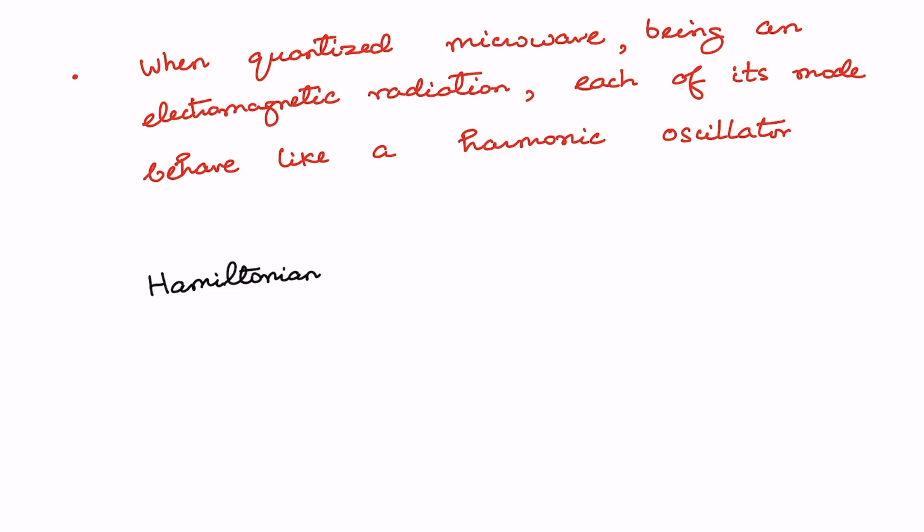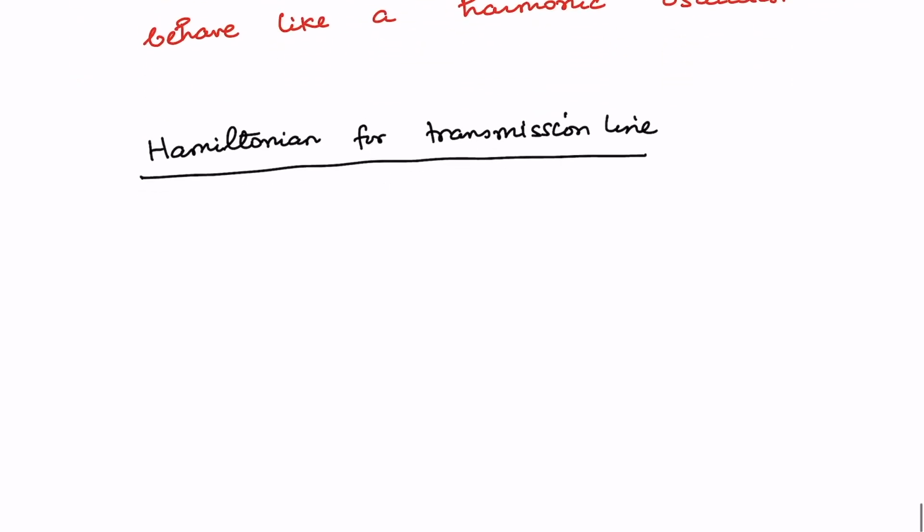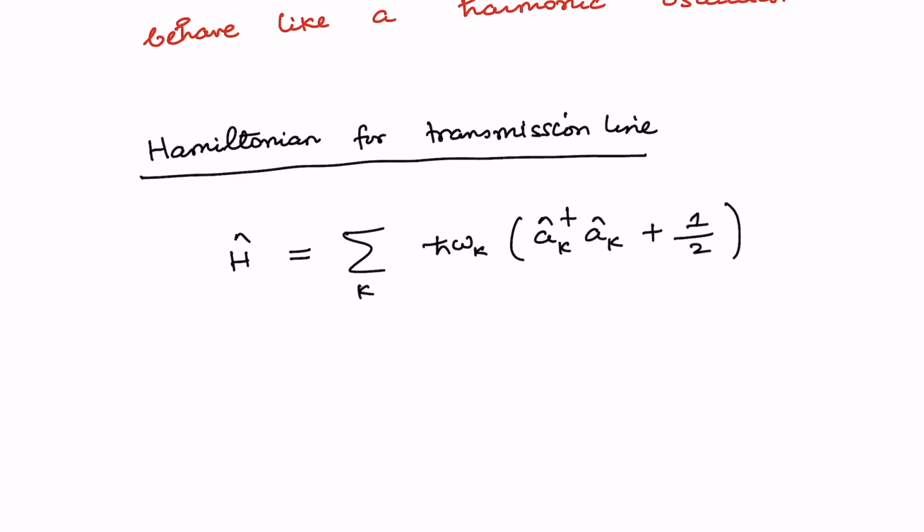The Hamiltonian for the transmission line is going to be a set of harmonic oscillators, and the total Hamiltonian would be the sum over k of h cross omega k times A dagger k A k plus 1/2. So this is the Hamiltonian for the transmission line.